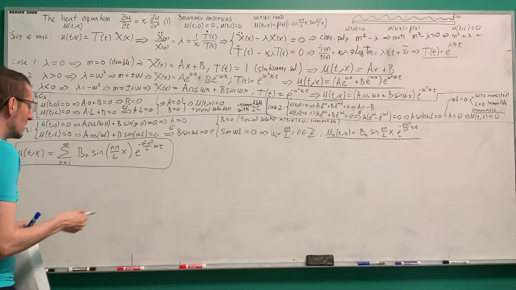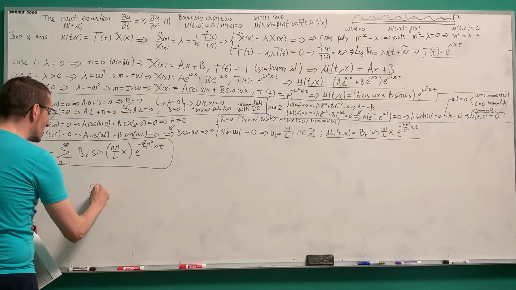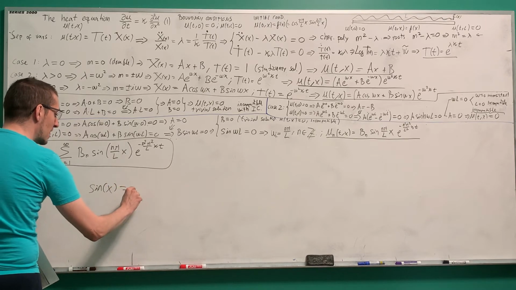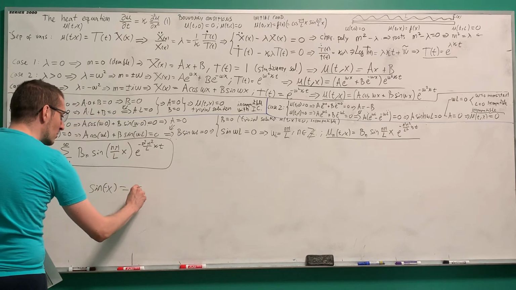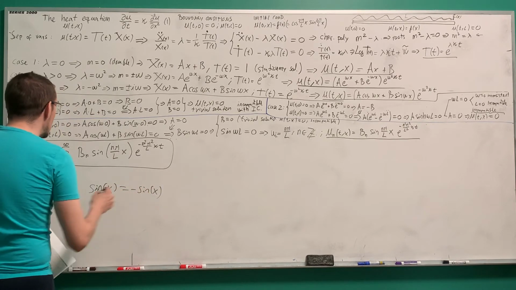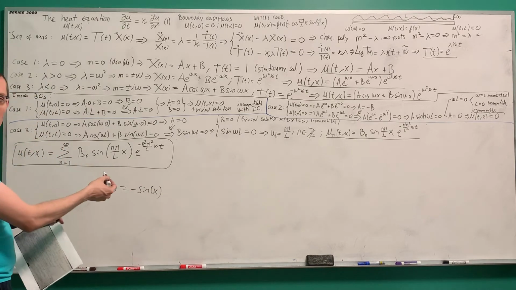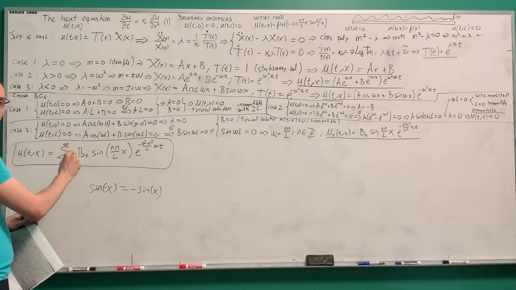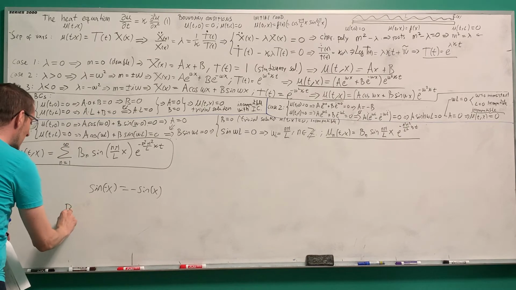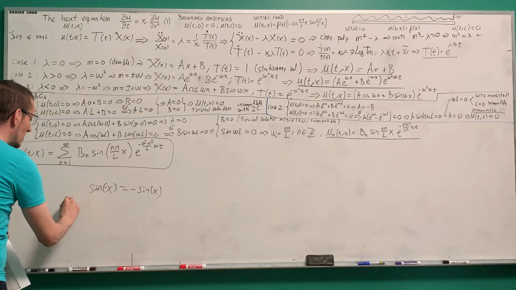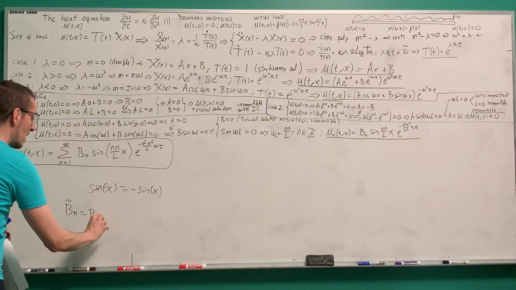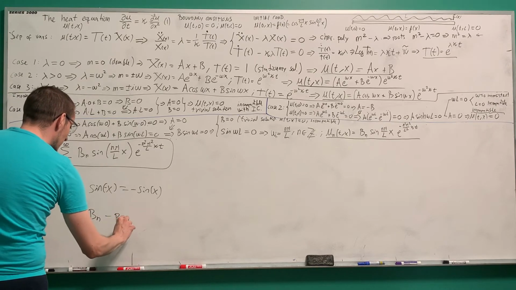Now, for the negative n, you know that the sine is an odd function, which means that the sine of minus x is equal to minus the sine of x. So for the terms with negative n, the only difference is an overall minus sign, and I can reabsorb it by saying that a new bn is the old bn minus the b of minus n.